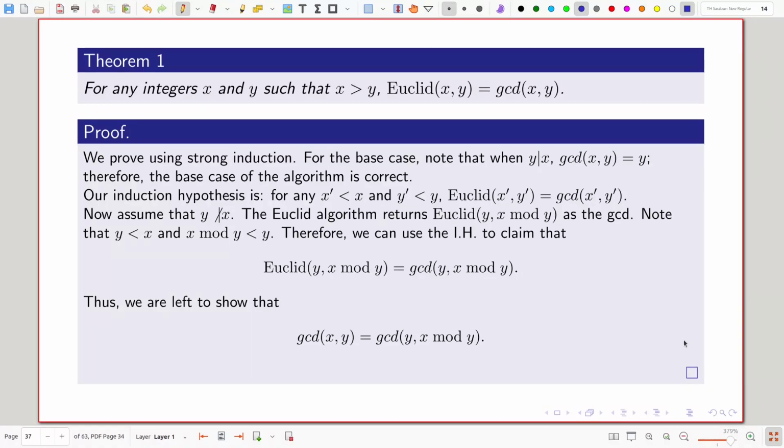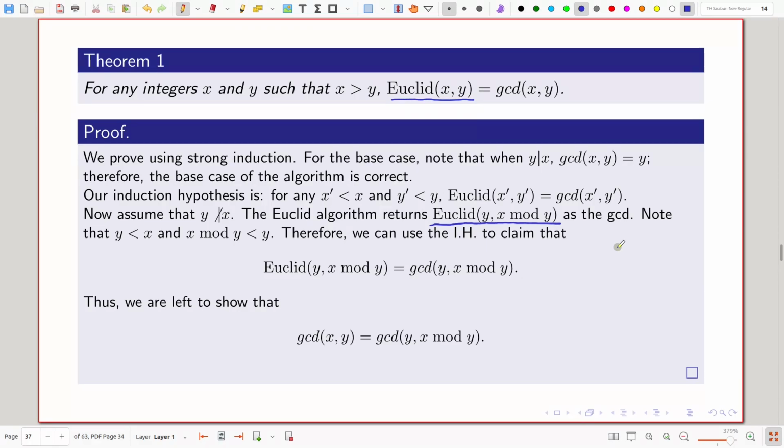Otherwise, it makes a call. So when you want to compute Euclid(x, y), the algorithm calls Euclid(y, x mod y). You recall? It gives the second element as the first element, and the first element mod the second element as the second element.